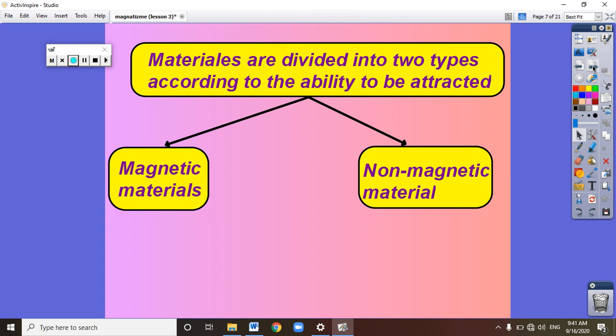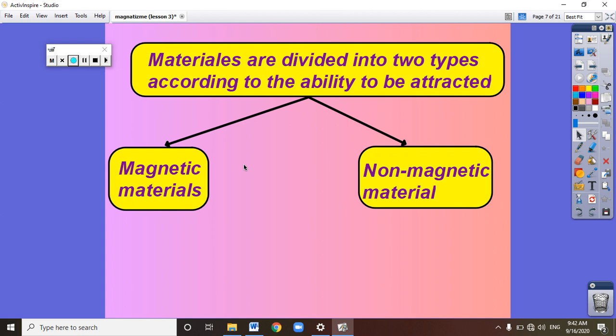Okay. Now we finished the history of discovering the magnet and the types of magnet, and now we will identify the materials. The materials are classified into two groups according to their ability to be attracted to the magnet. If I have a magnet in my hand, will any material be attracted to the magnet? No, some materials will be attracted to the magnet and other materials will not. The materials which are attracted to the magnet, we call magnetic materials.